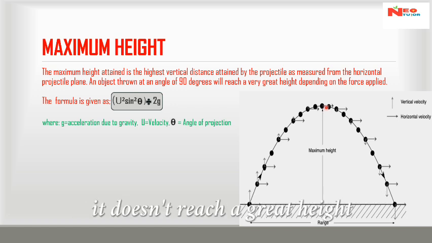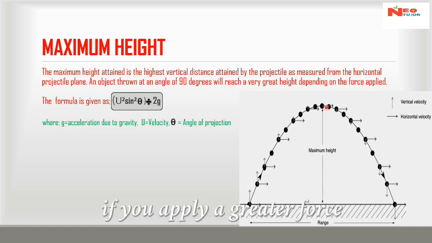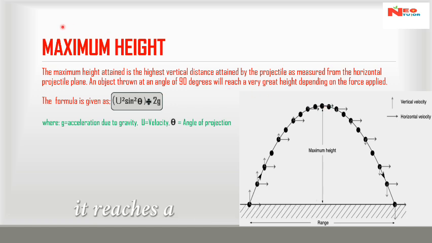It won't reach a great height. But when you project it vertically, it will definitely reach a greater height depending on the force you use. If you apply a greater force, it reaches a greater height. And if you apply a lesser force, it reaches a more medium height.